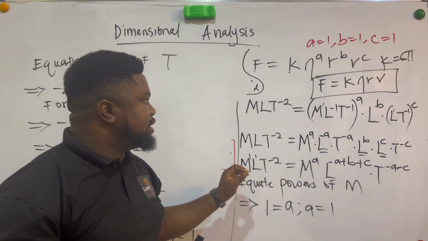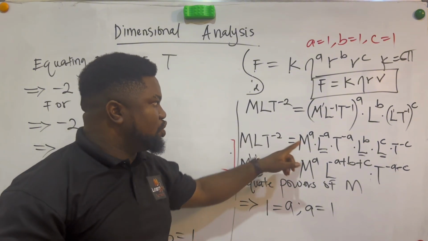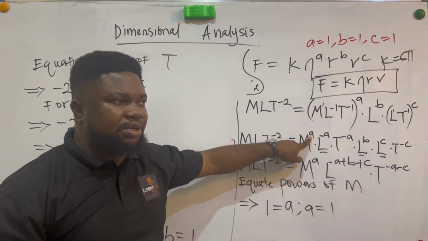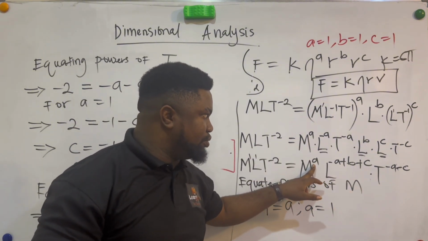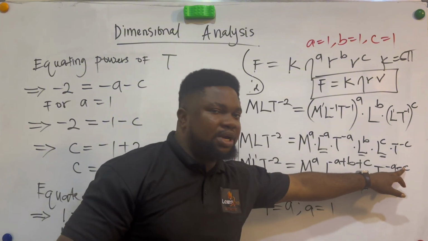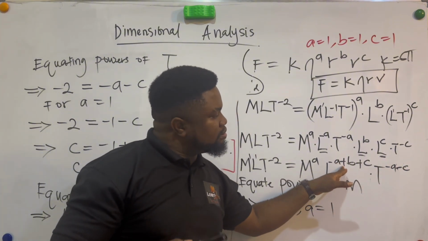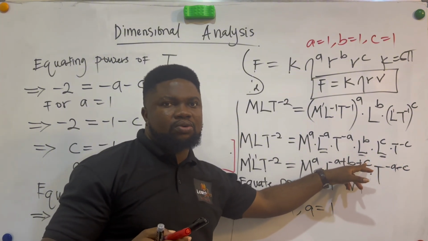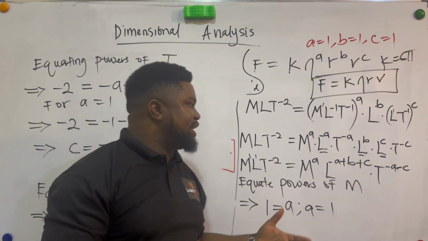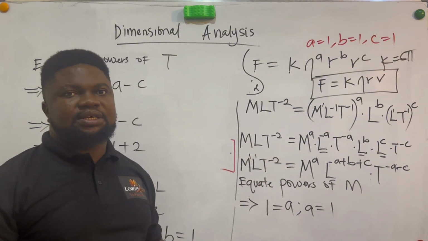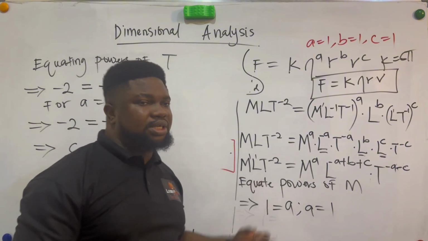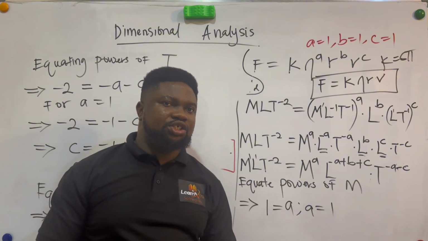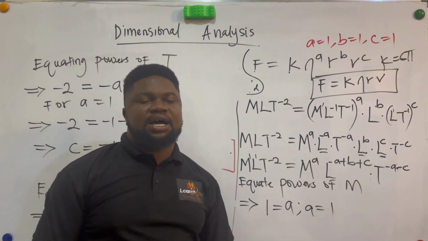Start from the quantity with single variable. Then next, double variable. Lastly, 3 variables or more. With this, you can find your ABC. It's simple. We'll give more examples on this to consolidate your knowledge on this dimensional analysis.